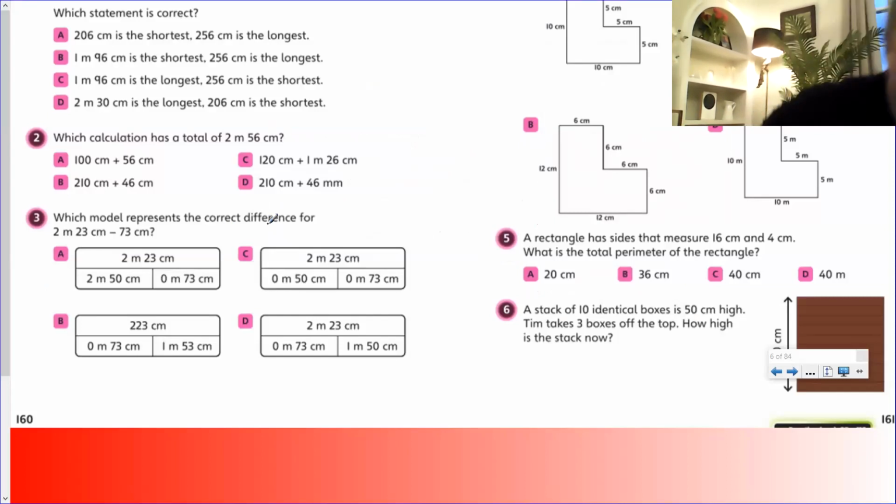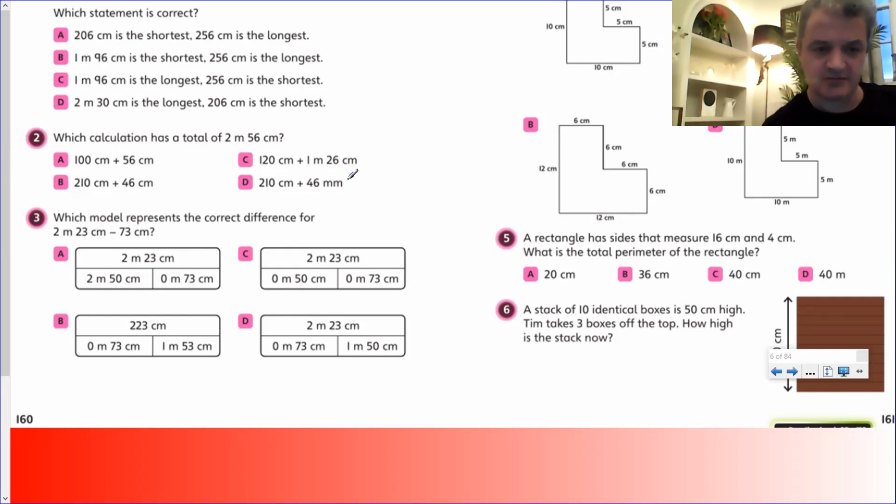Okay, so we're looking at bar models in effect with question 3. Which model represents the correct difference for 2 meters 23, take away 73? The first thing I'm going to do, because I do like column subtraction and column addition, I'm going to convert this 2 meters 23 into centimeters.